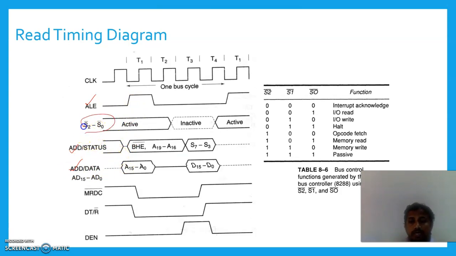As we told in the previous timing diagram, S0 to S2 are not different in minimum mode, but they are there in the other mode, so their representation should be there. If I go for IO read, the change is that instead of memory read, we would have IO read.